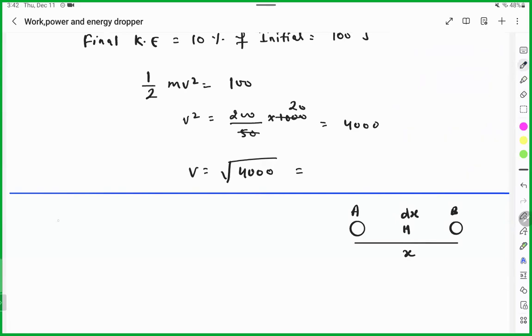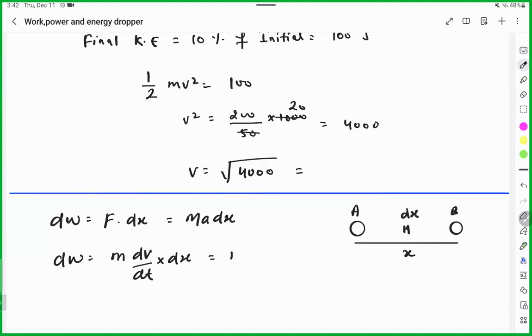In this case, work done will be force into displacement. Angle is 0, and force is equal to ma. So it will be equal to ma dx. And you know acceleration is equal to dv by dt into dx. Dx by dt is velocity, so it will be mv dv.